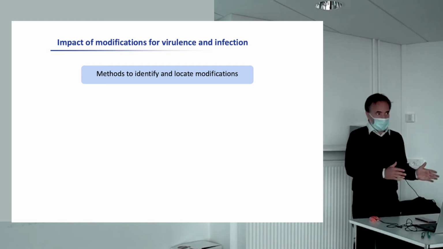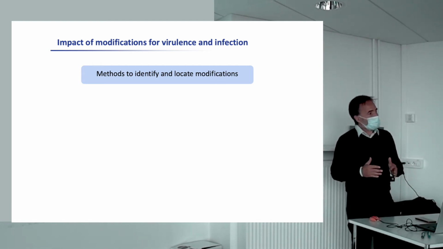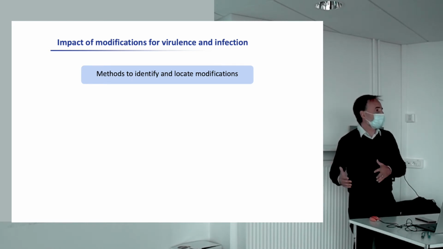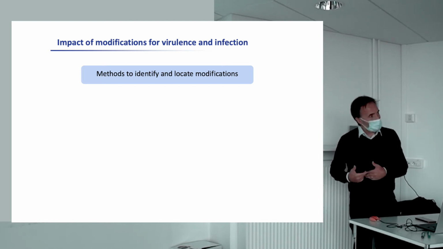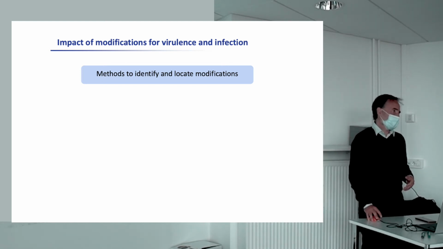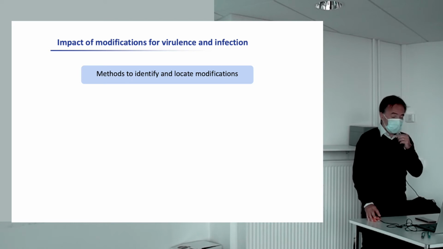Okay, so this is why only recently we start to see the impact of these modifications in RNA species different from the tRNA or the ribosomal RNA, because it is due to the advancement in the technology to detect those modifications. And we think that in the future we are going to see more and more of this coming.